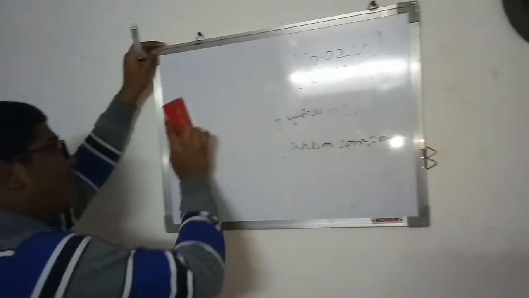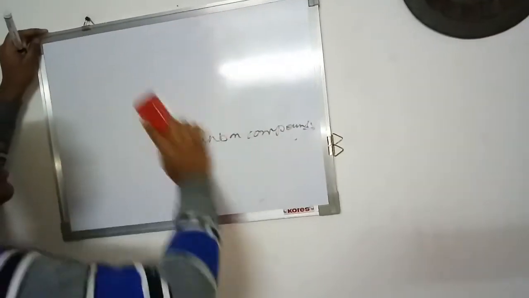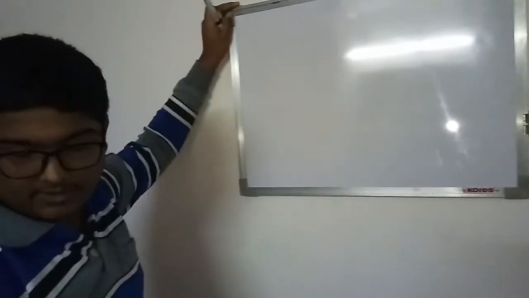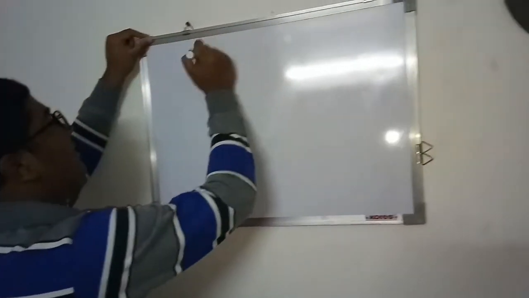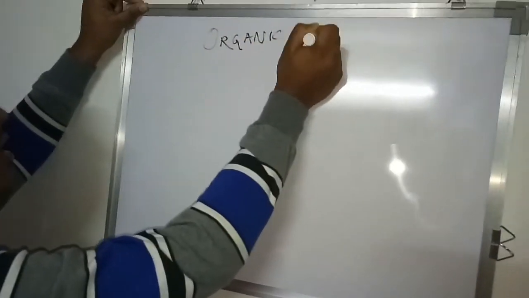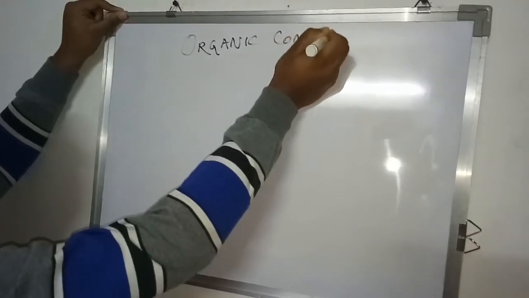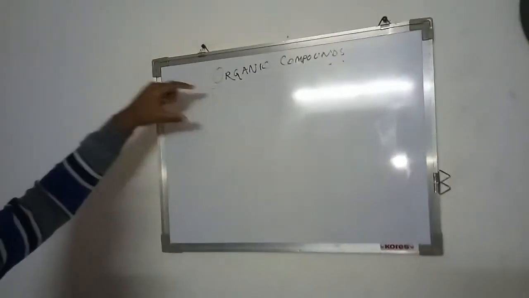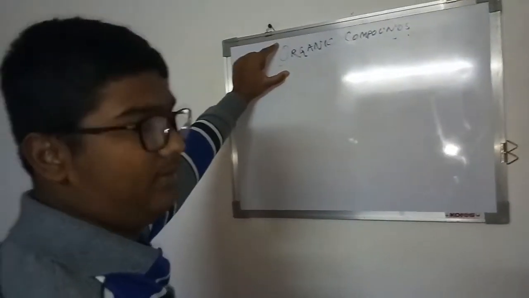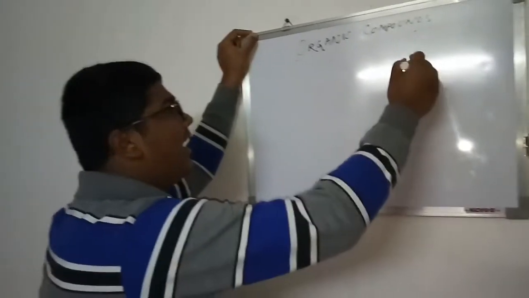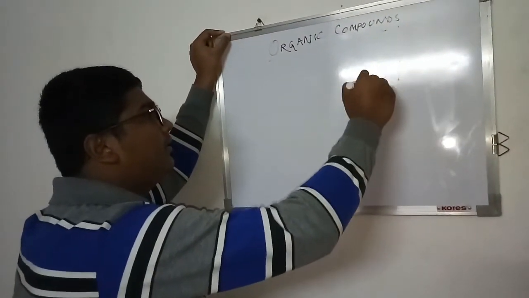Then we will talk about the last topic of this slide, that is organic compounds. You might have heard about organic compounds. All of us have come across this word. If not, then please go through it. What are organic compounds? Organic compounds are such compounds which have a carbon atom present in the compound.